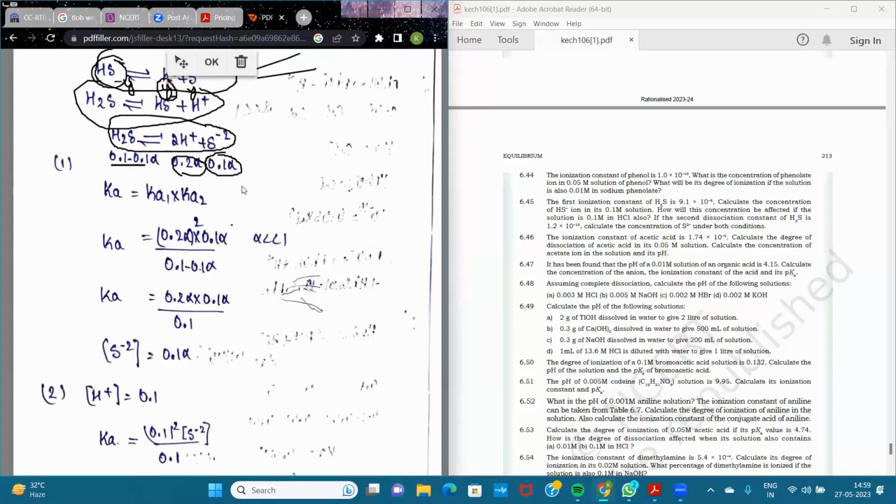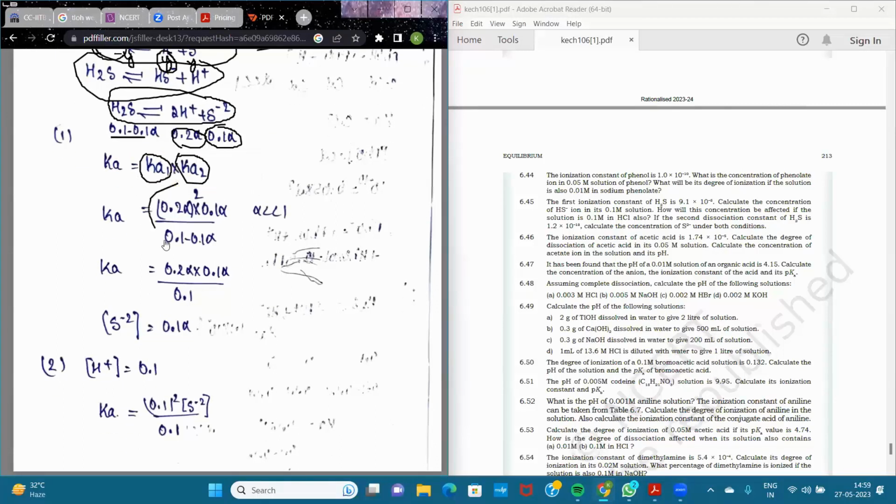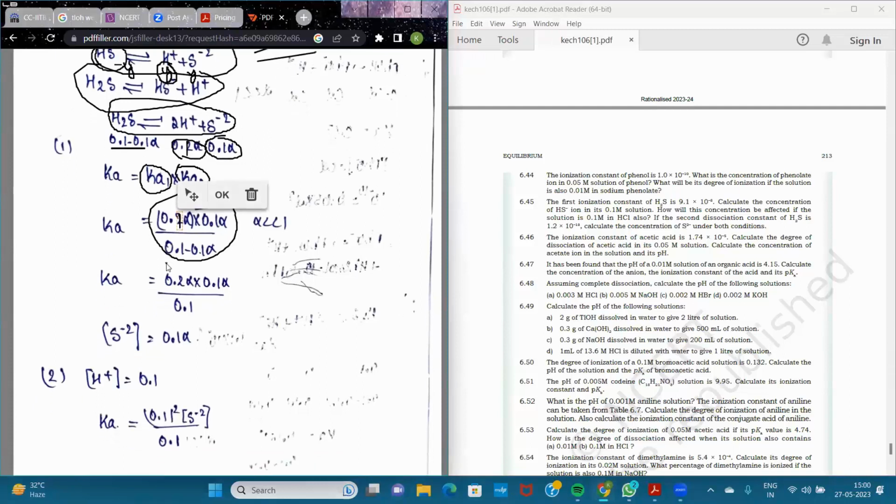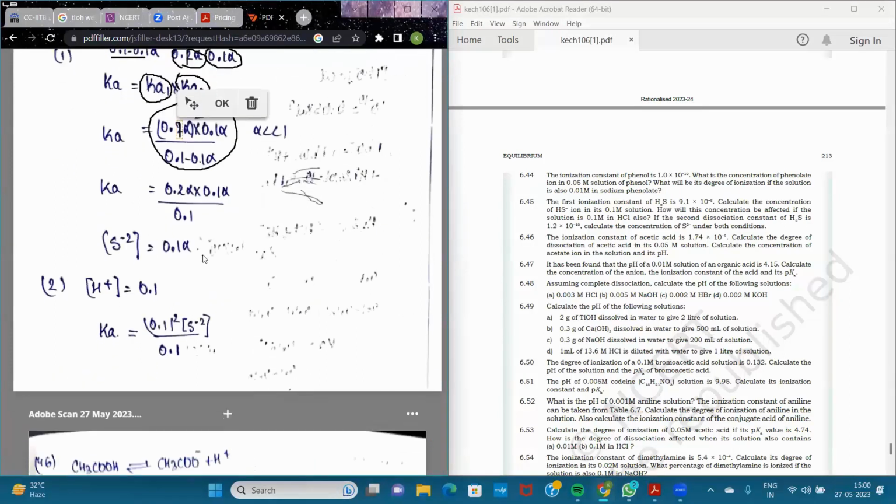So we can directly add these two reactions and directly write the equilibrium constant expression. Here the ionization constant is the product of the first ionization constant as well as the second ionization constant, and we'll substitute the values, that is 0.1 alpha square into 0.1 alpha by 0.1 minus 0.1 alpha.